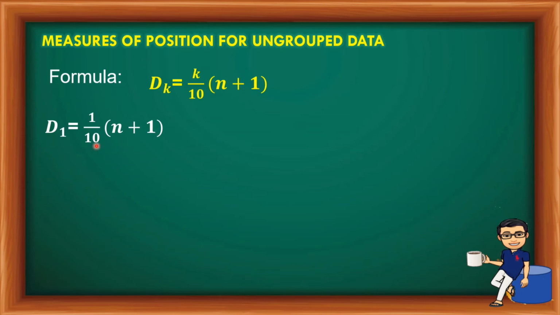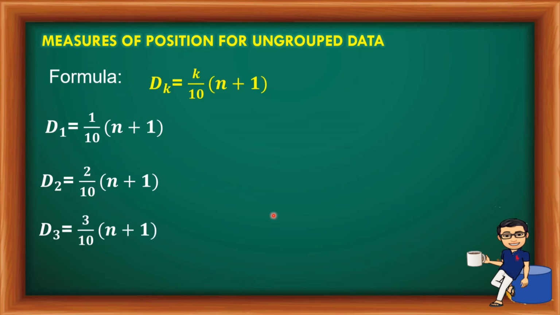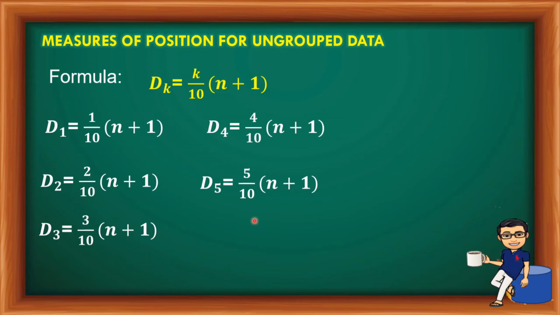Ang decile 1 natin ay 1 over 10 times n plus 1. Decile 2, or the second decile, will be 2 over 10 times n plus 1. We just change the value of k here. So this becomes 1, 1, like this one, 2, 2 from this. Then the third decile is 3 over 10 times n plus 1. The fourth decile is 4 over 10 times n plus 1. The fifth is 5 over 10 times n plus 1.